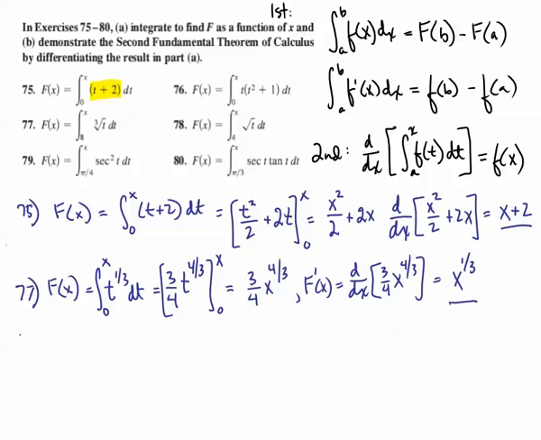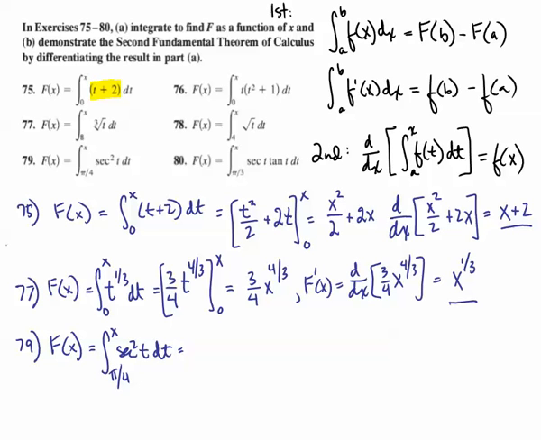All right, let's do number 79. Hopefully, although you may not understand exactly what the point here is, we're going to see in the next set of examples that doing these problems is pretty straightforward. So we're starting with the integral from pi over 4. This time our lower limit of integration is not 0 anymore, and we have secant squared of t dt.